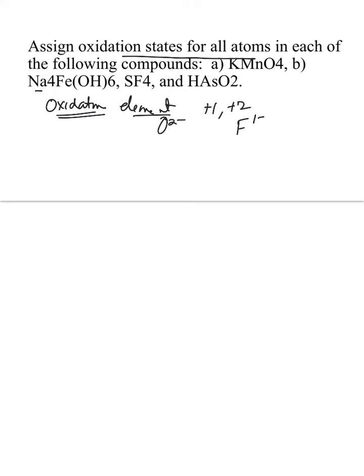And so let's just start with Na4Fe. Oh no, let's start with the first one. Potassium permanganate. Okay, so if oxygen is a -2 and there's 4 of them, that's a -8, and potassium is a +1, then what is manganese?